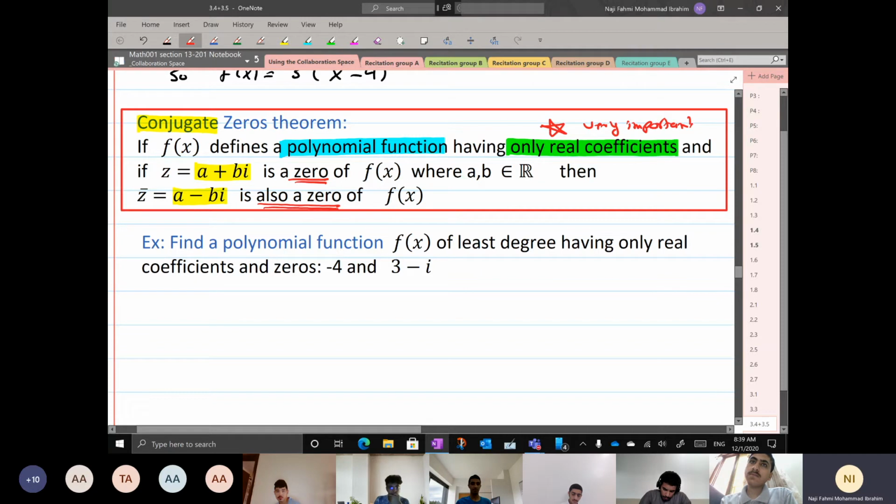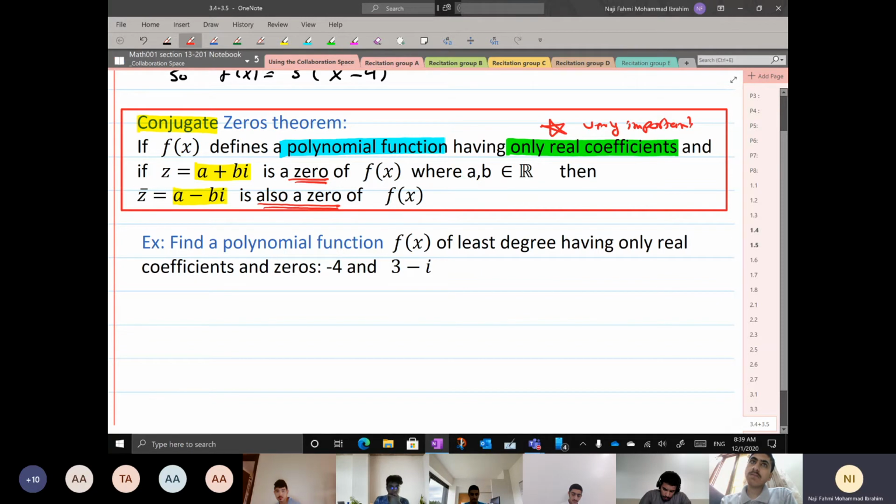What does that mean? If one of the zeros is a complex number, automatically the conjugate of that complex number is also a zero. But this is only true if the coefficients of the function are real.